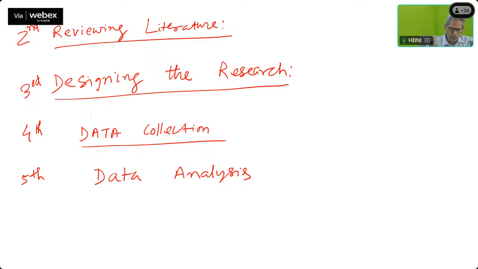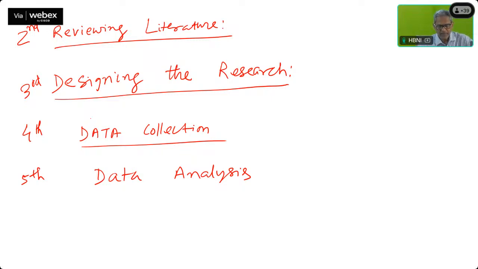Data analysis, you have to use some sort of a statistical and analytical process. Maybe you are also using computer software, and then you have to present your data in a meaningful way. From your experimental raw data, you have to process it using statistical, analytical methods, and then present it in a meaningful way.